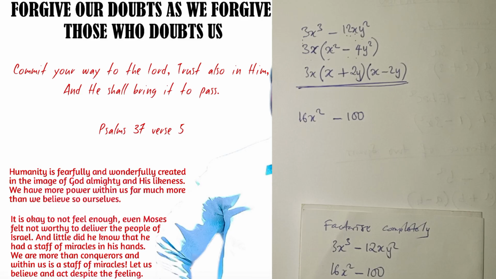So in this case, you just find the highest common factor for 16 and 100. So what is the highest number that can go in 16 and 100 without a remainder? Yes, it's 4. 4 can go in 16 and 4 can go in 100.